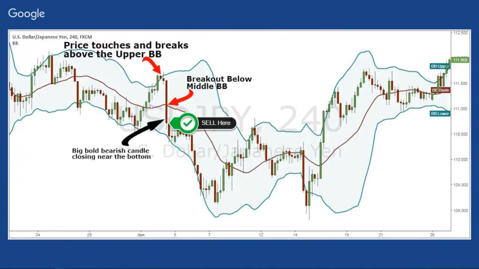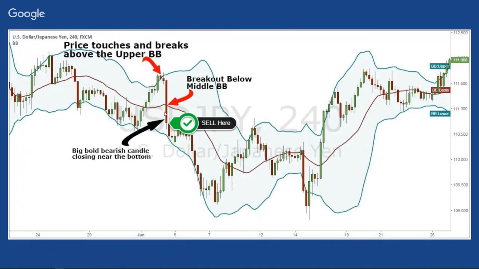Even though it's not wide side to side, we still call this a wide candle because it's long, and it closes near the bottom of the range. Those are the important things. This candle needs to be big and close near the bottom of the range for this to be a good sell signal. That's the reason why this one doesn't apply, this one doesn't apply, and this one doesn't apply.